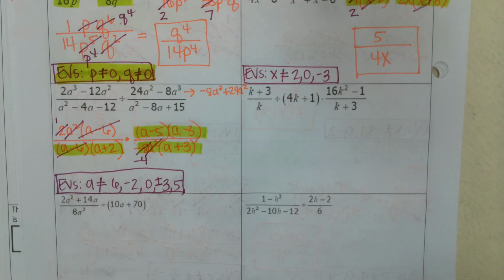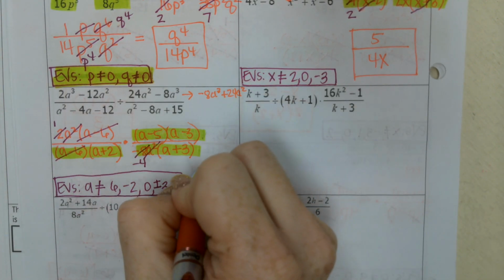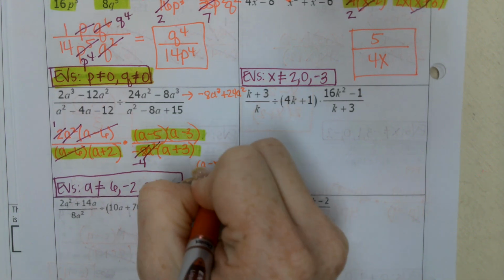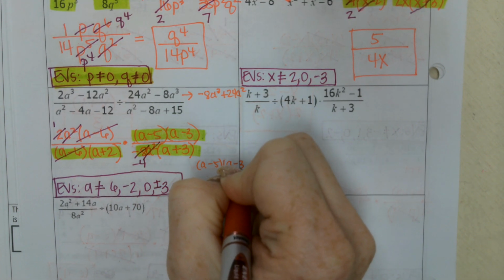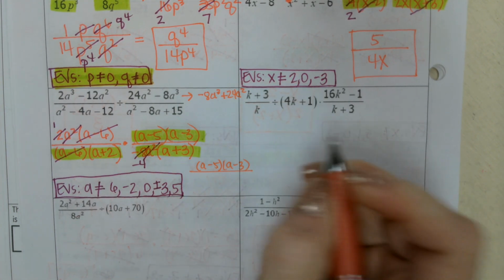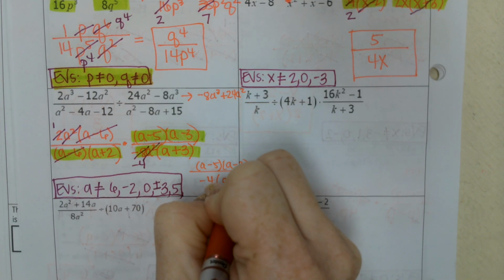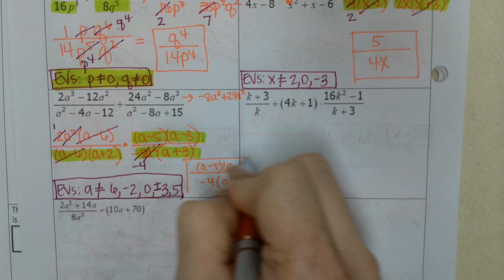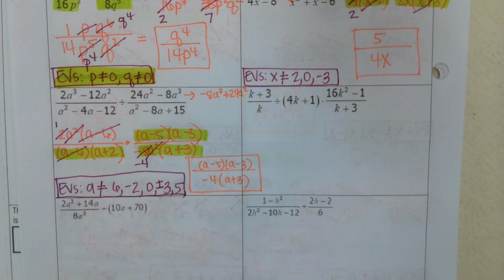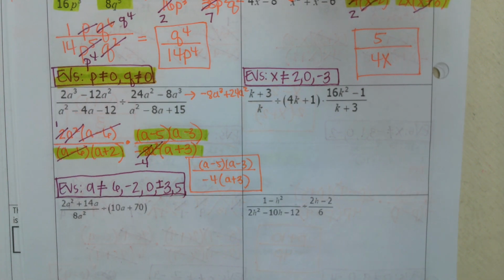Nope. Okay, so let's see. I have a minus 5 times a minus 3 over negative 4 times a plus 3. Okay?